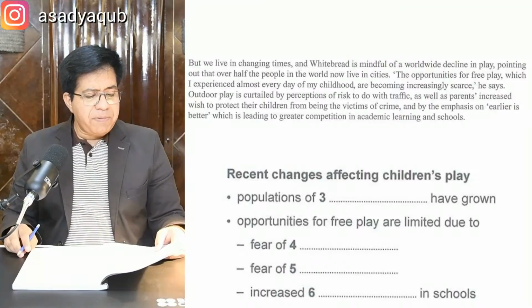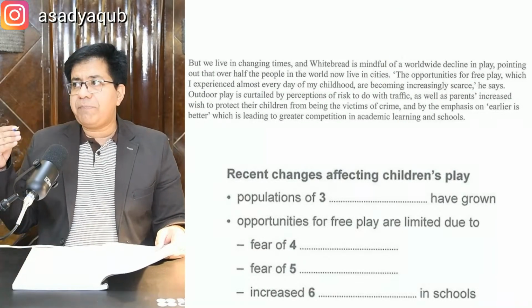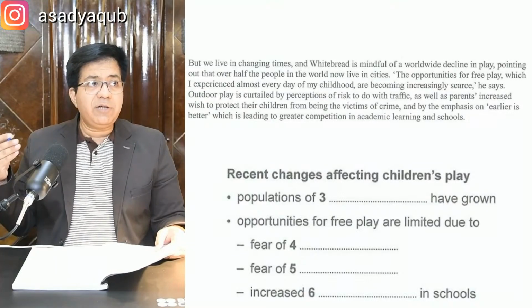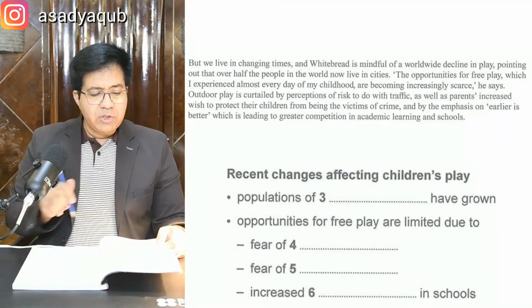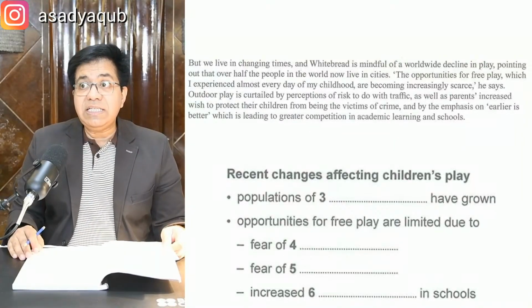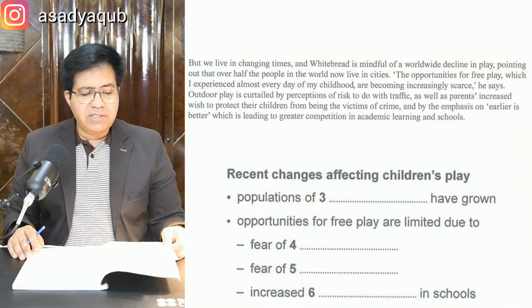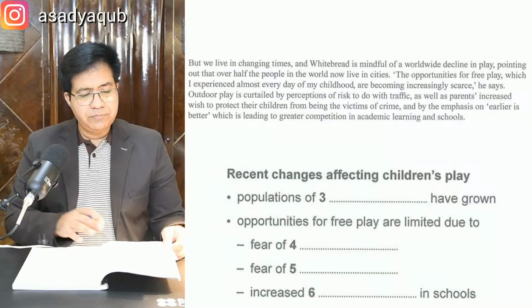Over half the people in the world now live in the cities. When over half the people in the world live in the cities, it means the population of cities have grown. So the correct answer for question number 3 is cities. You cannot say populations of people have grown. Population means people.